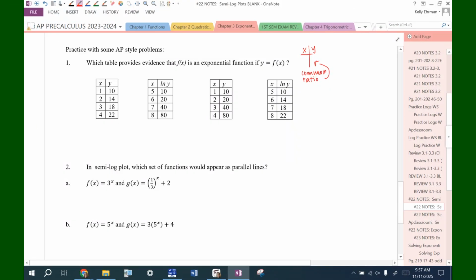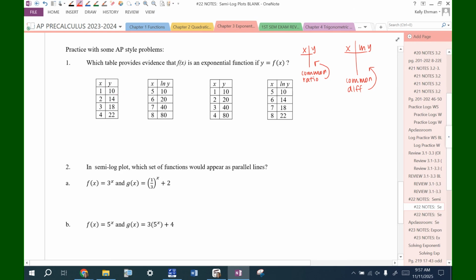Like I'm always multiplying by 2 or always multiplying by 1/2, something like that. If it's x and log or ln of y, then I should see a common difference or a linear relationship in the y values. So let's take a look.